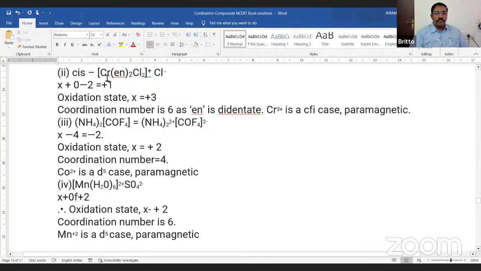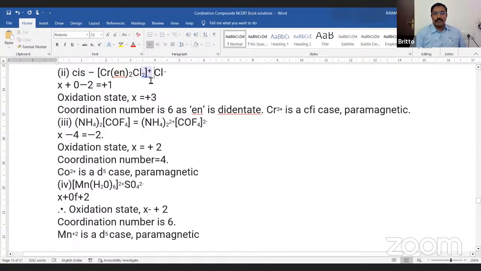Now find out the oxidation state. Here chloride is an anion, and there are 2 of them, so 2 into -1 is -2. En, ethylene diamine or ethane-1,2-diamine, is a neutral ligand, so it gets 0. So x plus 0 minus 2 equals plus 1.